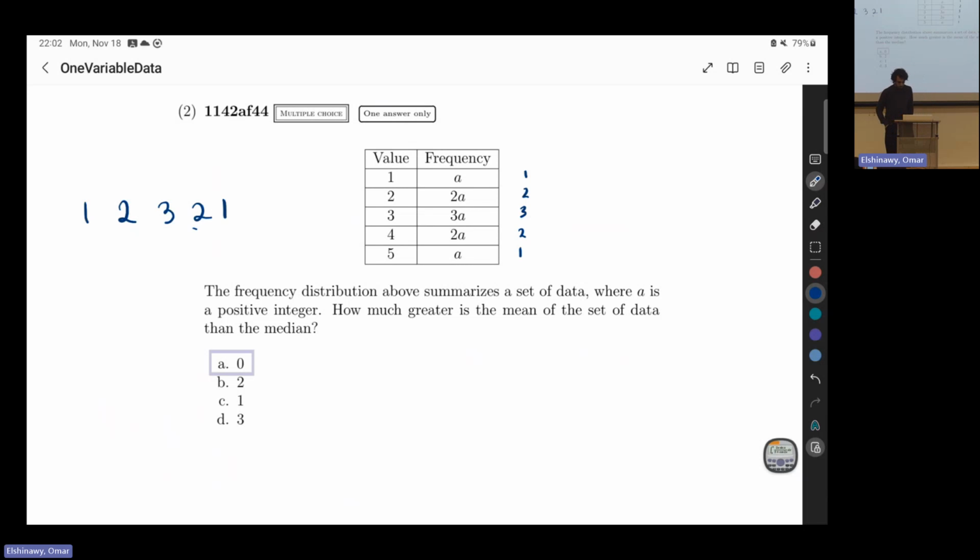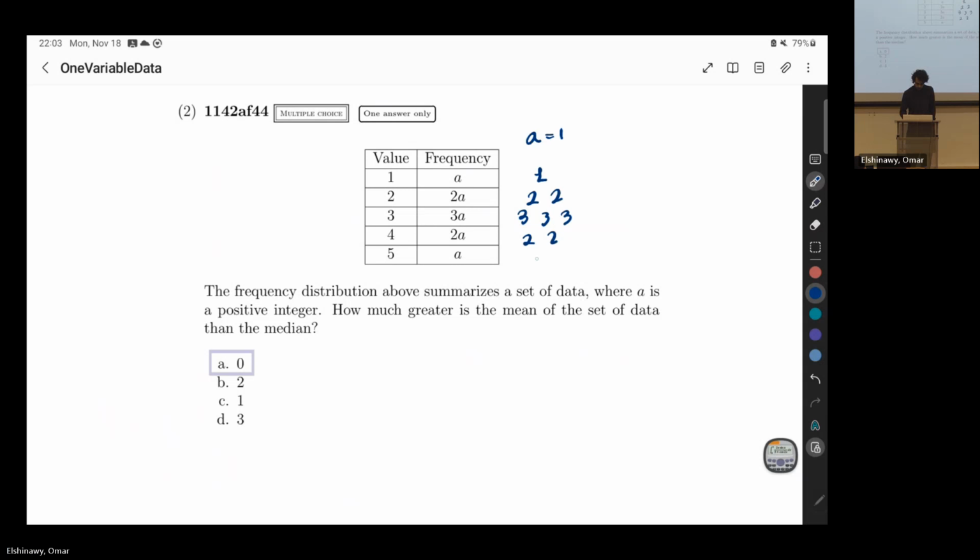Here's the thing, you might fall into the trap of thinking that these are values that you should compute, but in fact, these are frequencies. So if I say A is equal to 1, then I have one value of 1, two values of 2, three values of 3, two values of 2, and one value of 1.